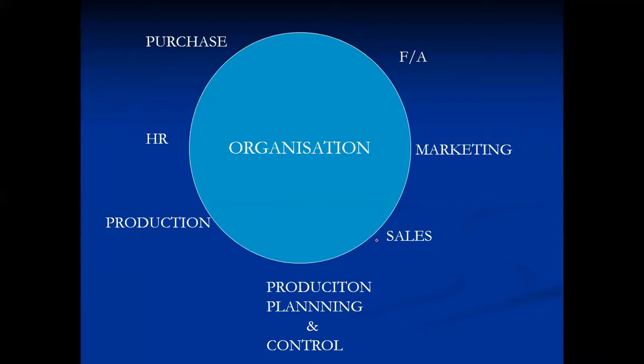For example, take an organization. In every organization, we have many departments like finance and accounts, marketing, sales, production planning and control, production, HR, and purchase. Like that, every company has a number of departments.